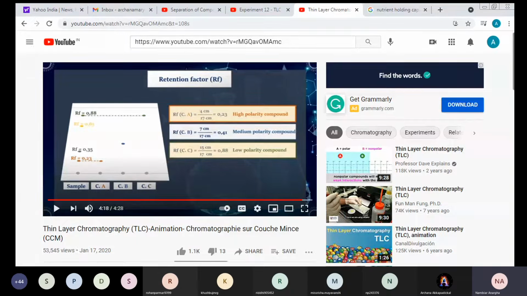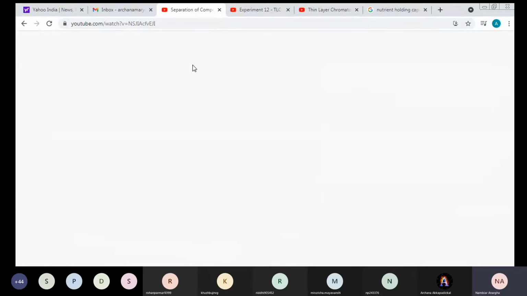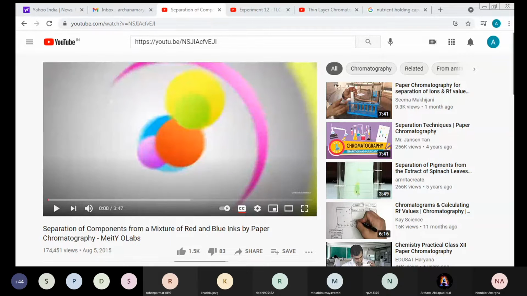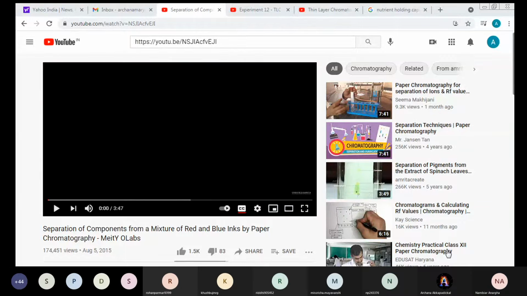Now let us move ahead with our practicals, which is separation of dyes on TLC plate. So Archana, may I please ask you to show the PDF file, the journals PDF. Is it visible?